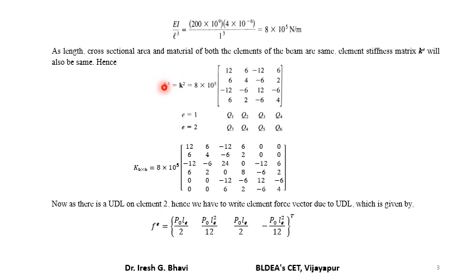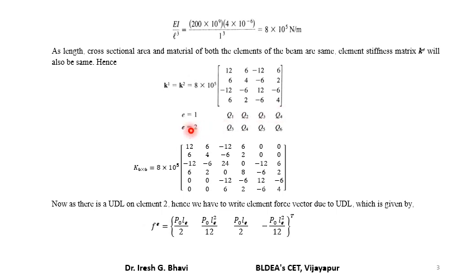So let us denote K1 as the element stiffness matrix for element 1 and K2 as the element stiffness matrix for element 2. It will be equal to 8 into 10 raised to 5 into this bracket, after substituting L in this matrix. Here the corresponding degrees of freedom for element 1 are Q1, Q2, Q3 and Q4.